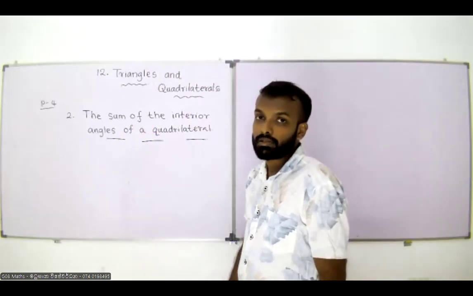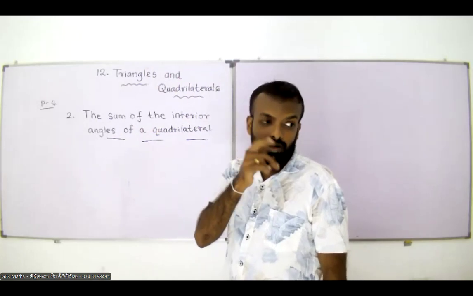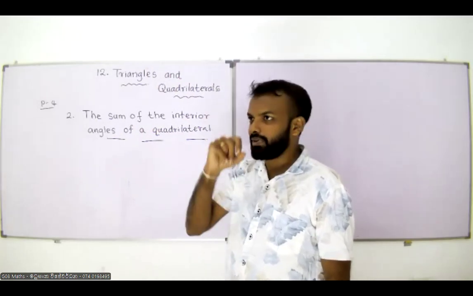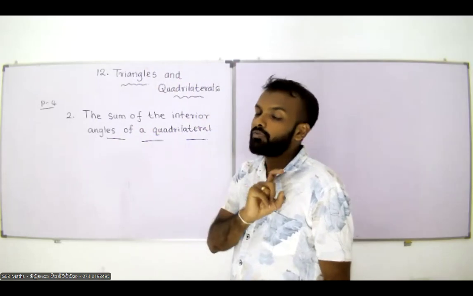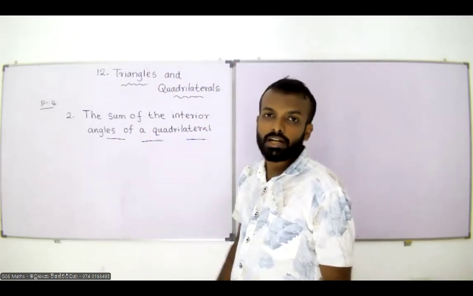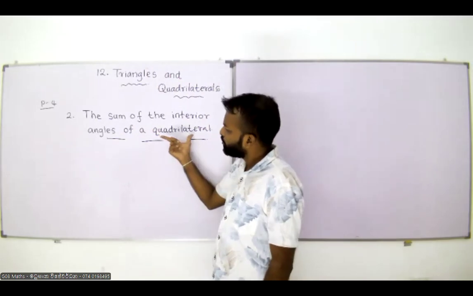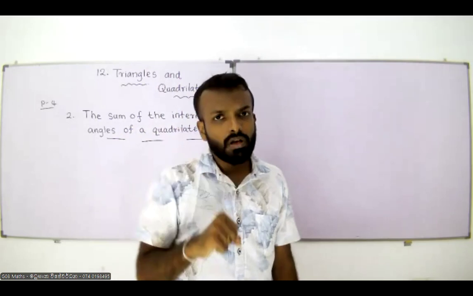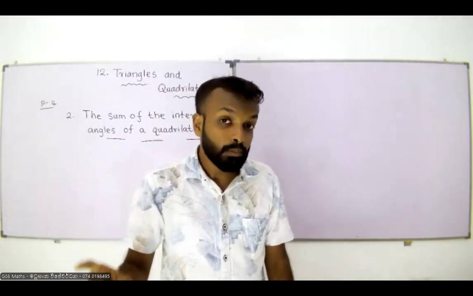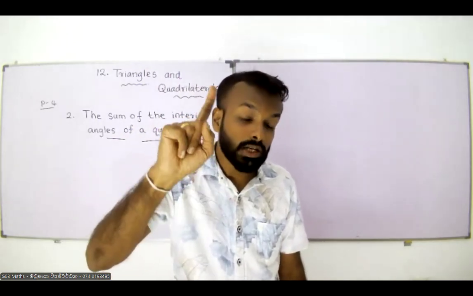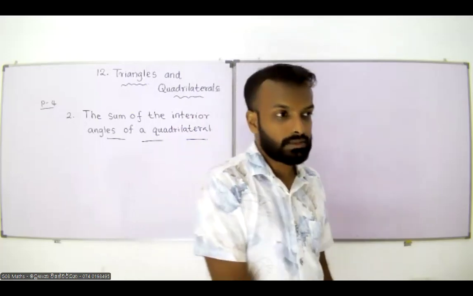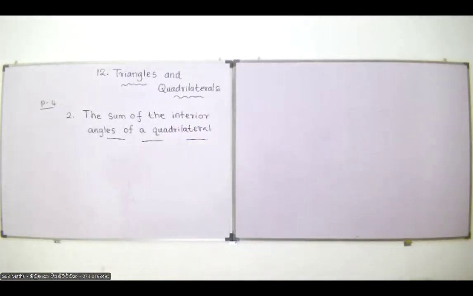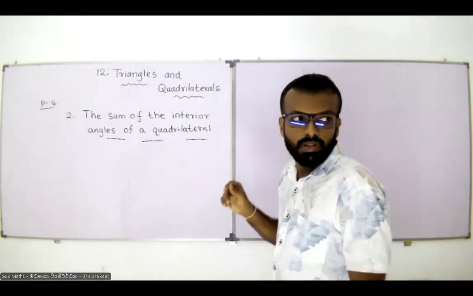But the sum of the interior angles of a quadrilateral is not equal to 180, but equal to 360 degrees. That is the difference between the interior angles of a triangle and a quadrilateral.